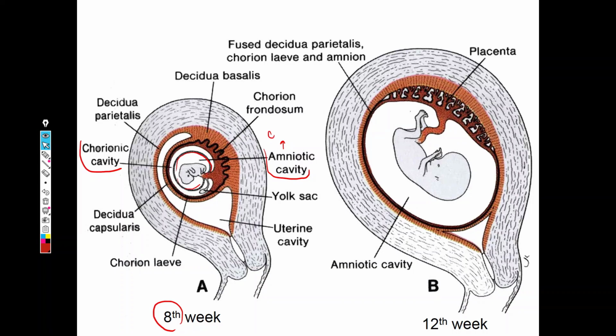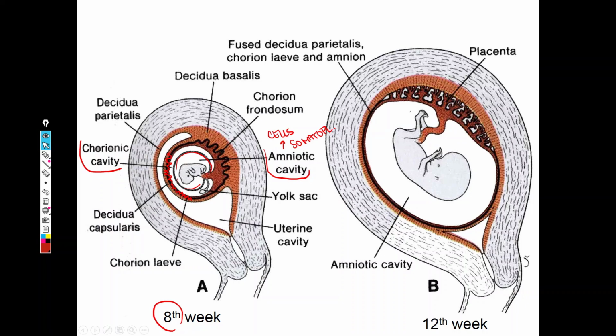The somatopleura approaches the chorion, going close to it, and these layers fuse together, because the chorion here also contains somatopleura, it contains mesoderm.